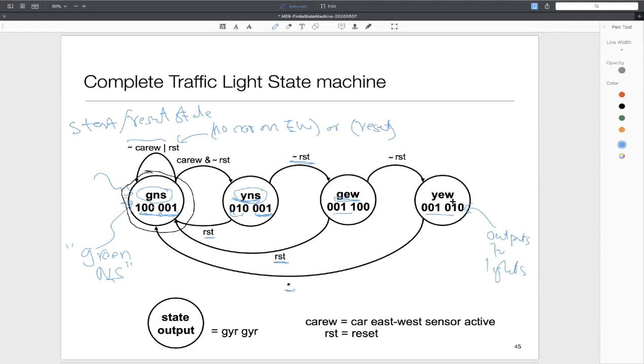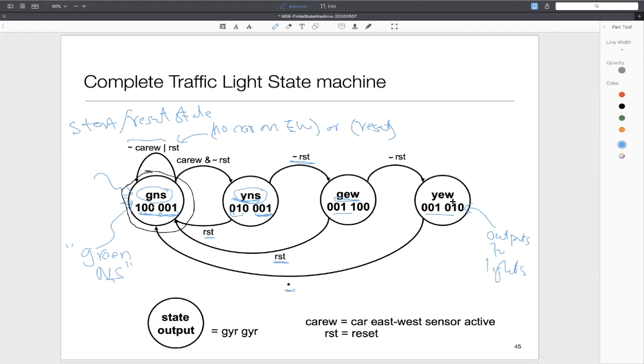There are all sorts of requirements, probably government standards imposed, but we don't have any of them. We are spending exactly one clock tick in YNS, one clock tick in GEW, one clock tick in YEW, and going back. I guess we are assuming that my clock ticks are slow enough so that the car actually gets to drive through the intersection, but all those are abstracted away. So, questions at that? Yeah.